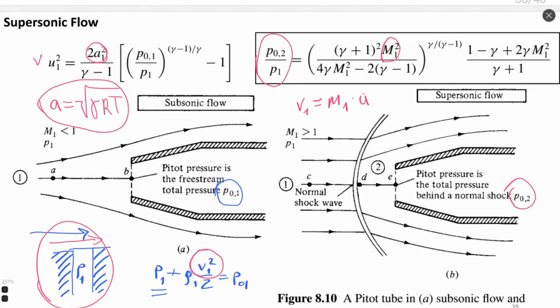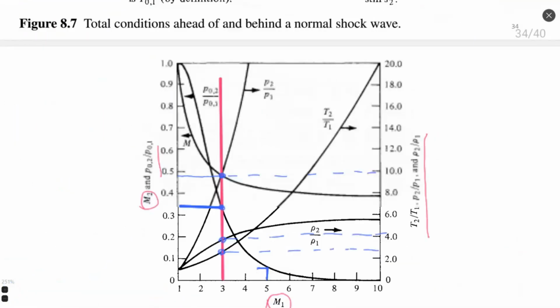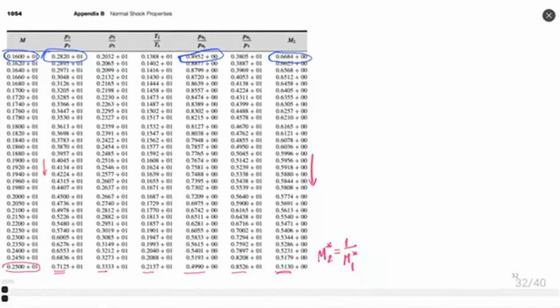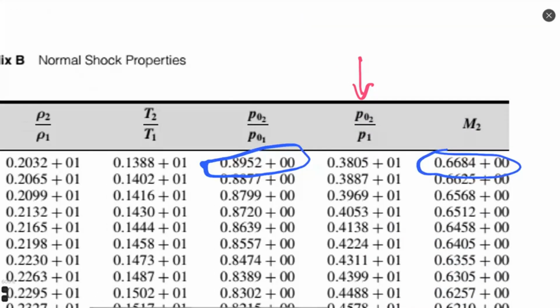For our studies in class, if we need a fast solution, we also can see in Appendix B this column here that shows the relation between stagnation pressure after the shock wave and static pressure before the shock wave.